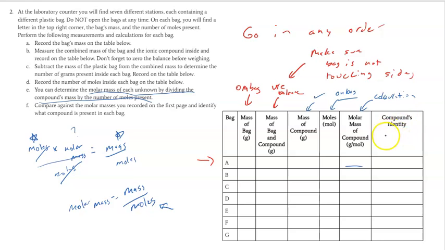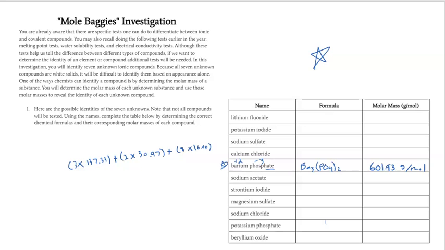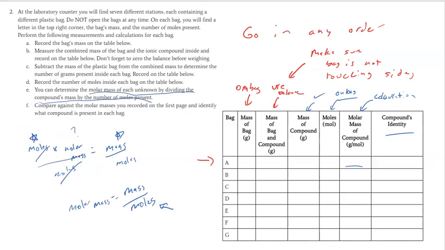Then to determine the compound's identity, you're just going to pick from your list which molar mass most closely matches your molar mass. Because each balance is going to have some slight variation from the other, you might get slightly different numbers from other table groups. That's to be expected. These are high school chemistry class balances.